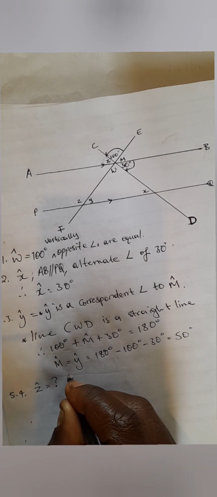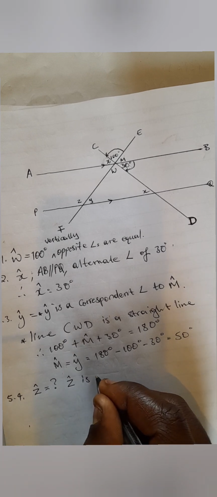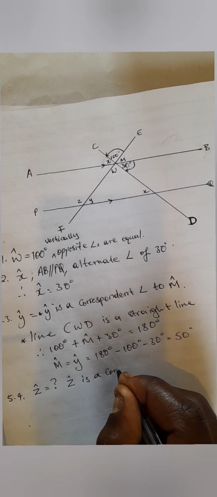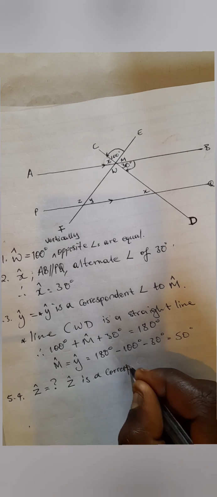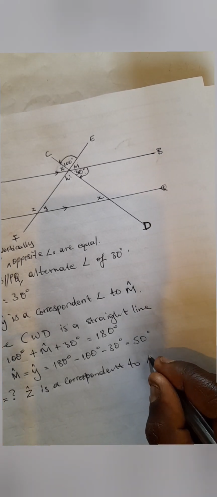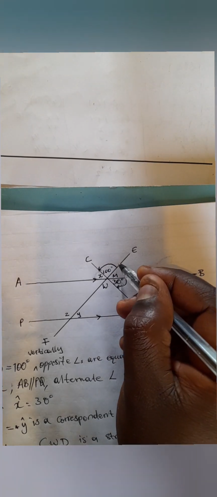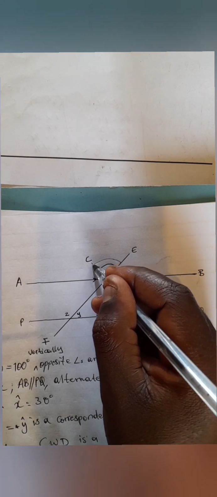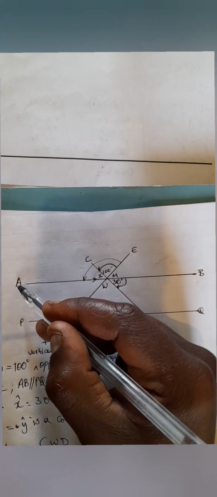So angle Z is a corresponding angle to angle AWE. Okay, what is AWE? Look at this line, that's AWE.